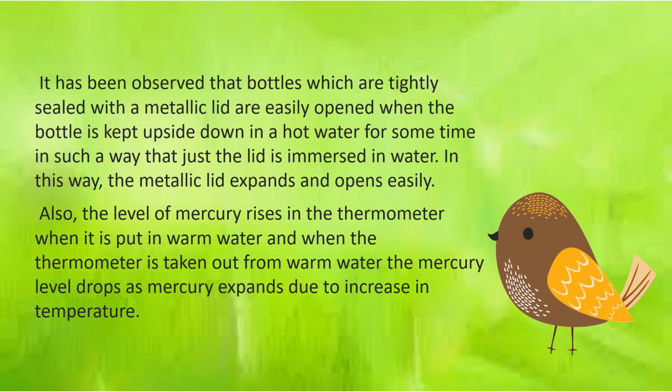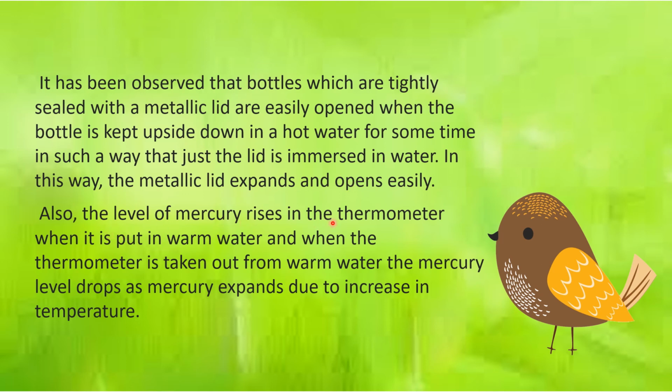It has been observed that bottles which are tightly sealed with a metallic lid are easily opened when the bottle is kept upside down in hot water for some time, in such a way that just the lid is immersed in water. In this way, the metallic lid expands and opens easily.